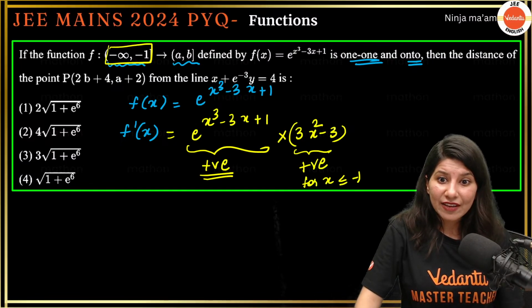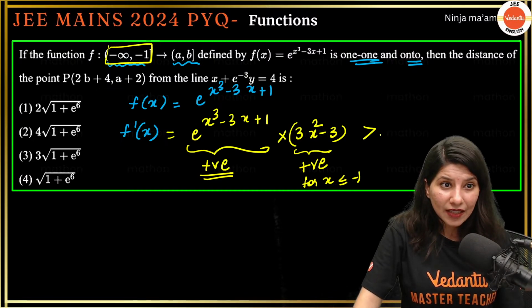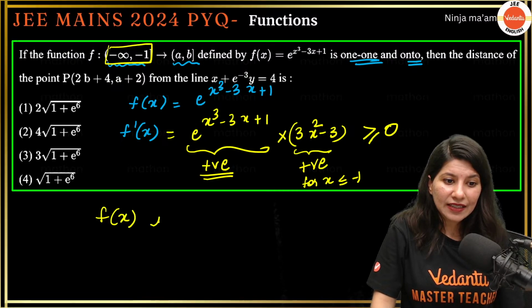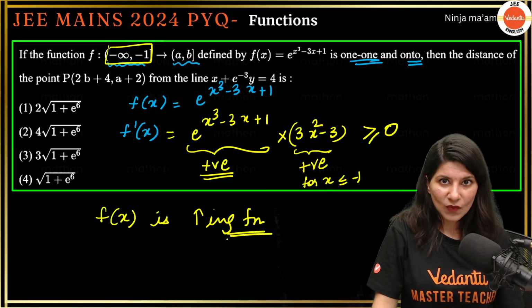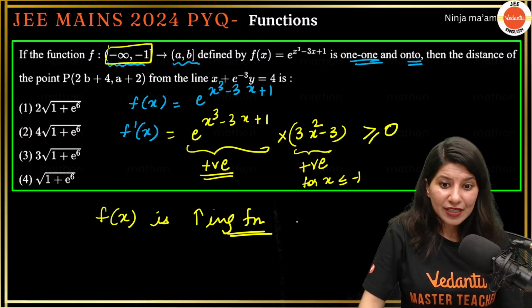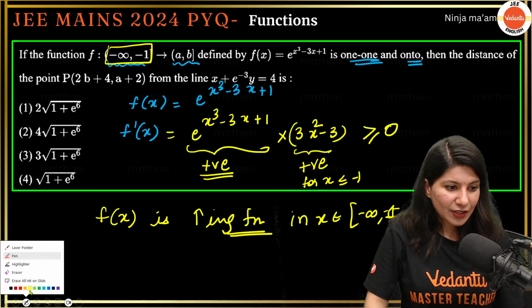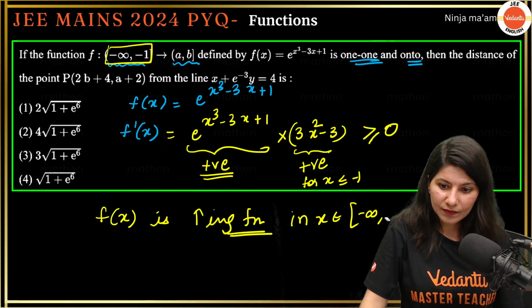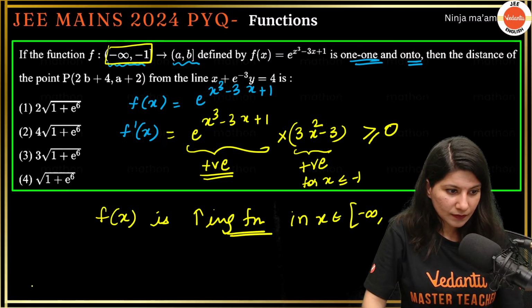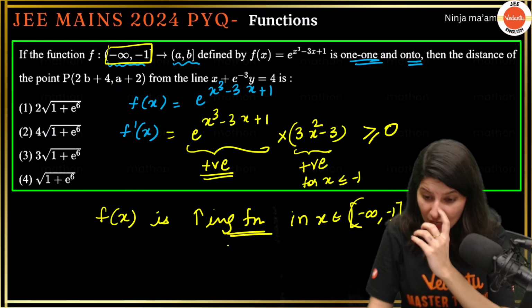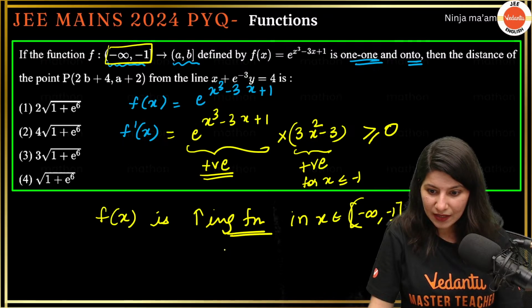That means f dash x is greater than or equal to 0. So your f(x) is an increasing function, my dear students, in x belongs to minus infinity to minus 1, open bracket.